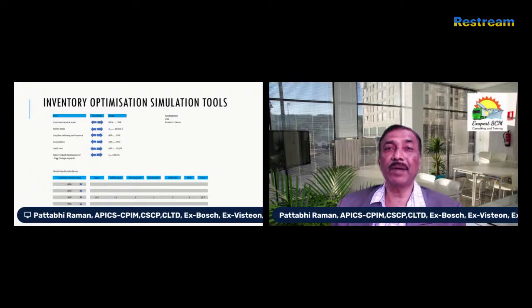Safety stock depends upon demand and supply variability, supplier delivery performance, localization, yield rate, rejection rate, and new product or engineering change required. So there are so many factors which affect the inventory. Of course, you should have domain knowledge. Then see how you can apply advanced tools to this area.